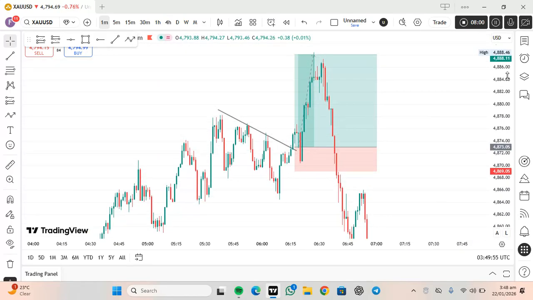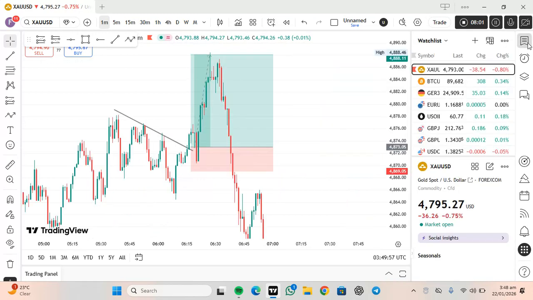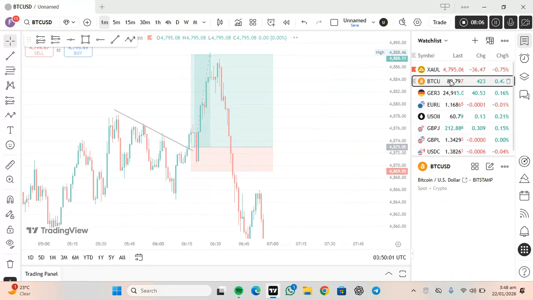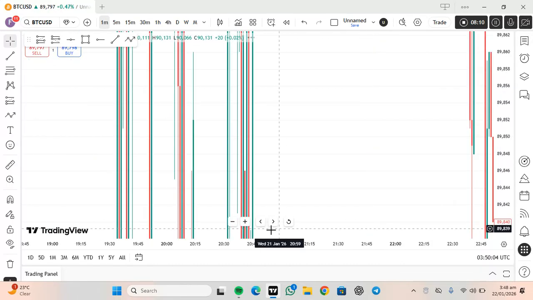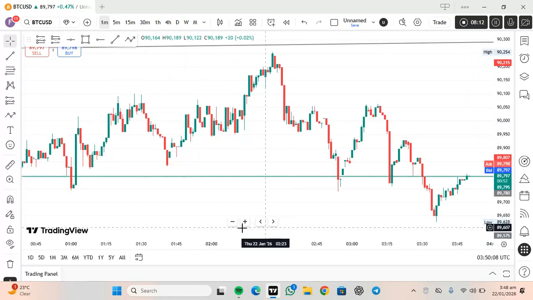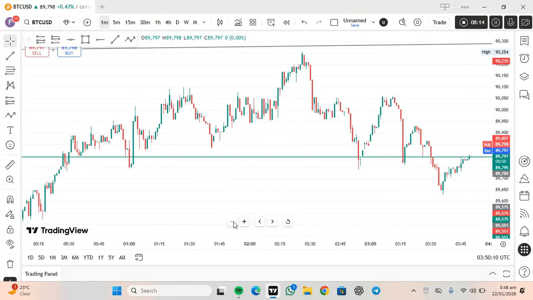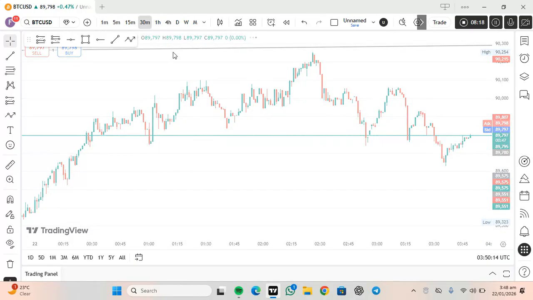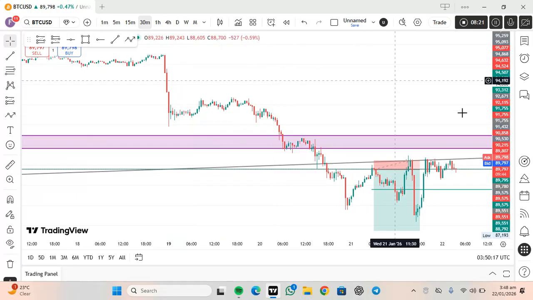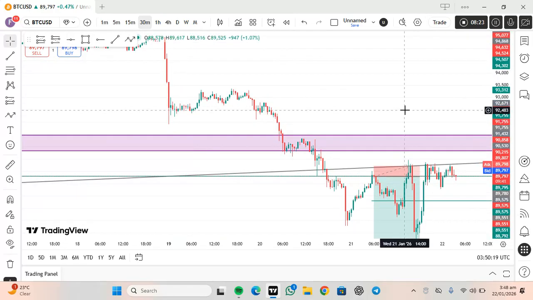Let me give you another example on a different pair. So let's move to BTC. I also took a trade on BTC using the break and retest strategy. So this was the trade I took on BTC.